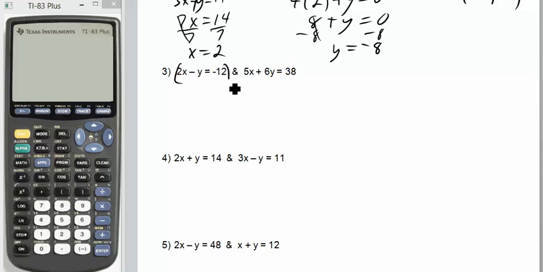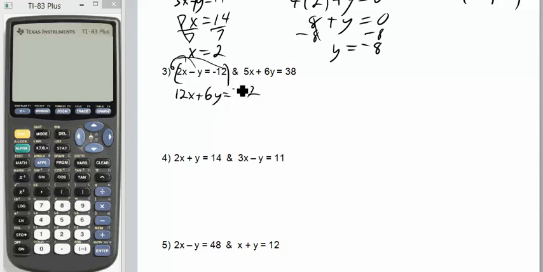Well, I can do that, as long as I multiply everything by 6. So I have 12x plus 6y equals negative 72, because I just multiplied everything by 6.